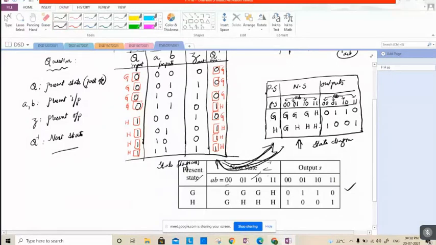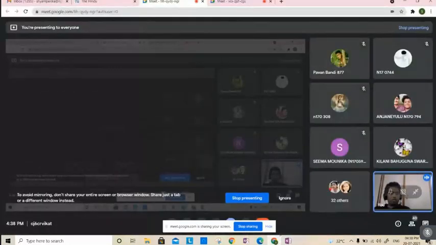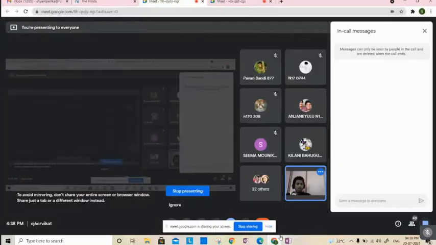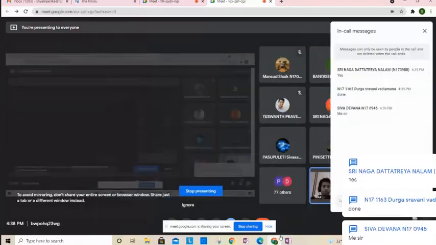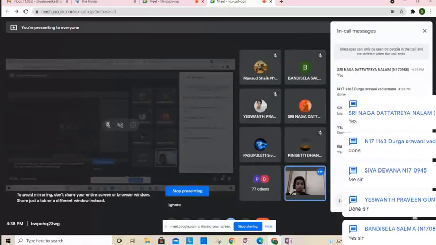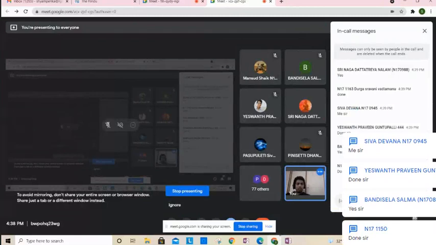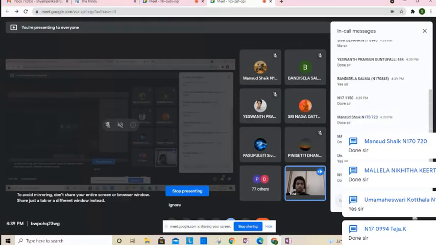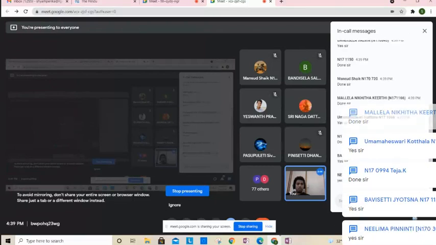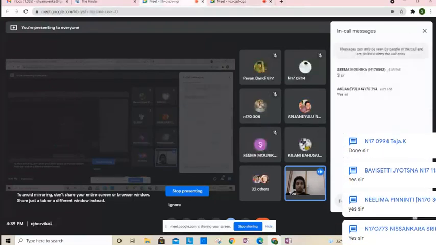Can you quickly post in the comment box how many of you have done? So I'm seeing the comment box of both the batches. Yashwant, Salma, Shivadevana, Dattatreya, Nikita, Uma Maheshwari, Teja, Jyotsna.